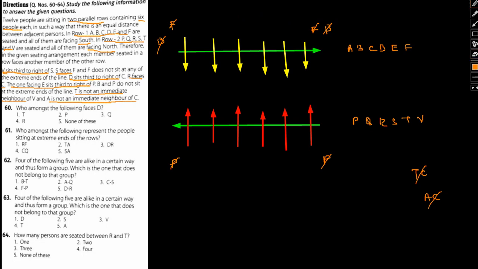So let's assume, the third to the right of C. Let me assume C sits here and D is here. What else is given? D sits third to the right, first, second, third, yes. Let me just give you an idea: for this row, this is right and this is left, and for the other row, this is right and this is left.